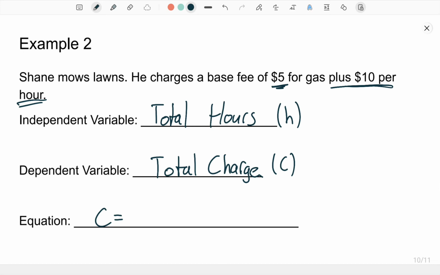So the total charge, or C, is equal to, well, we have a $5 base fee, so we can say $5 to start off with. And then we have directly in here saying plus. And what are we adding? Well, $10 per hour. So each hour, we're getting $10. So 10 times H, because we need to figure out how many hours we're working and multiply that by 10.